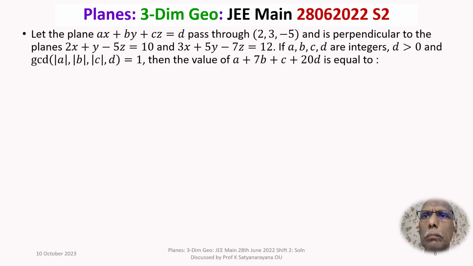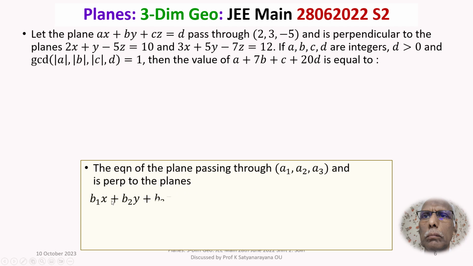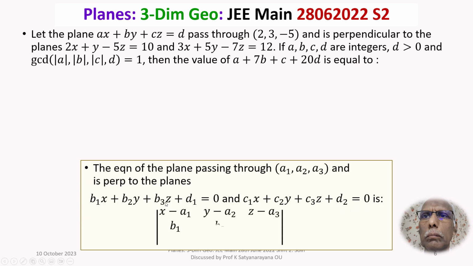Now, we recall a result. The result is the equation of the plane passing through the point a1, a2, a3 and is perpendicular to the planes b1x plus b2y plus b3z plus d1 is equal to 0 and c1x plus c2y plus c3z plus d2 is equal to 0 is given by the determinant whose first row is x minus a1, y minus a2, z minus a3.